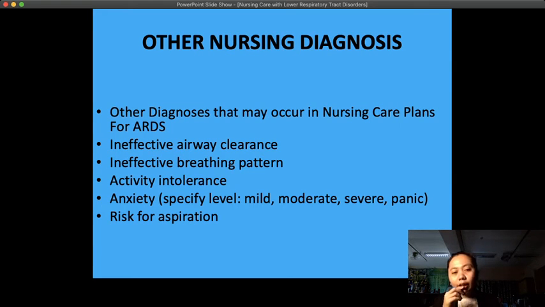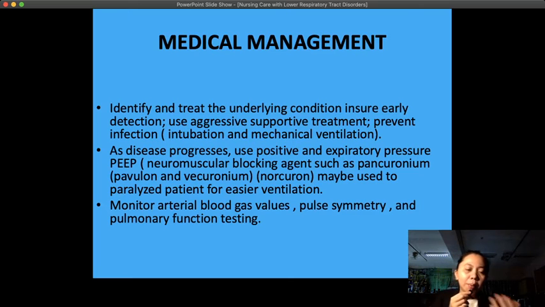Okay, and then risk for aspiration. Okay, so medical management: identify and treat the underlying condition, ensure early detection, use aggressive supportive treatment, prevent infection, intubation, and mechanical ventilation, and so on and so forth. Monitor arterial gas values.